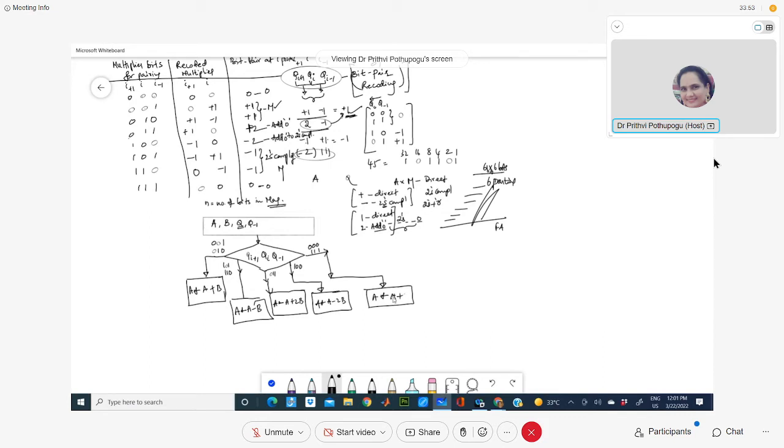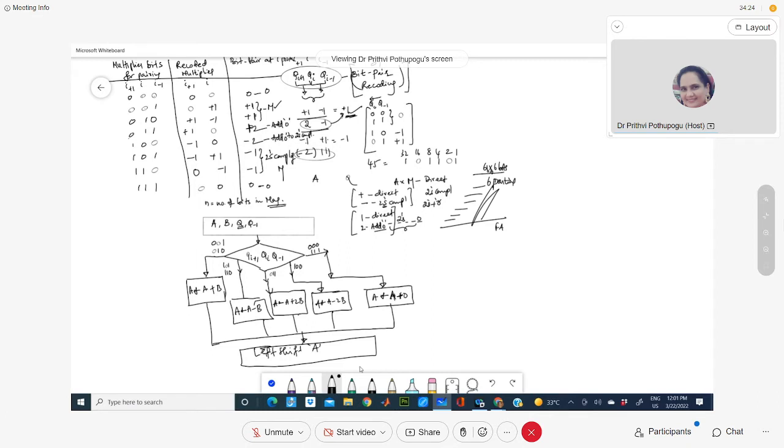That means nothing, A will be the same as it is. Now, after doing these iterations, the next step is to left shift A, making your I minus bit 0.